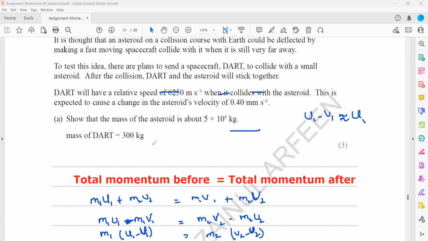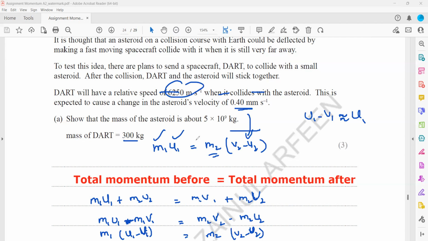So it's m1 u1 on one side, and m2 times v2 minus u2. We have m1 which is 300, we have u1 which was 6,250, and we have to find m2. The change in the velocity is given here, so we just divide and we get the value for m2.